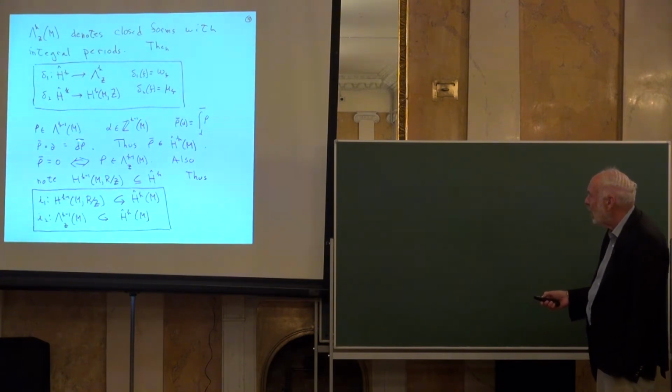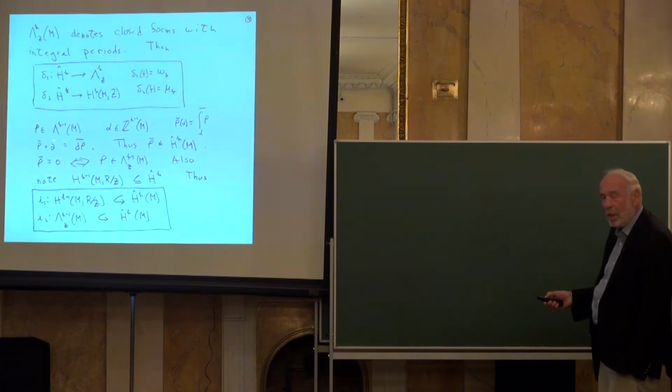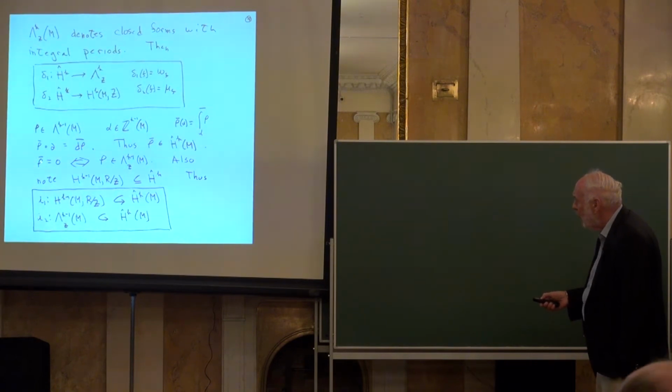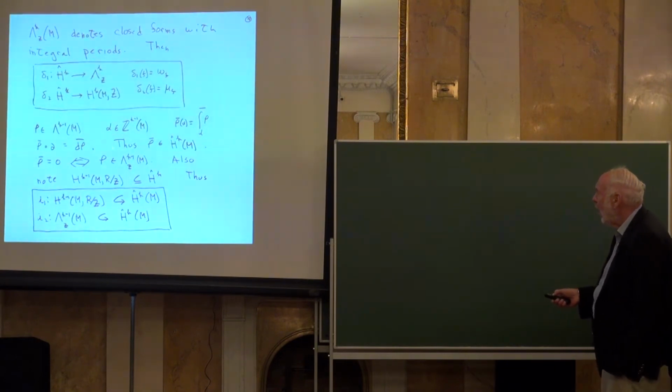Well, d rho is certainly a closed form with integral periods. In fact, it has 0 periods. So rho bar is an element of this H hat upper k. It's just an ordinary differential form. You integrate it and reduce mod z. Now, rho hat equals 0 if and only if rho is already closed with integral periods.